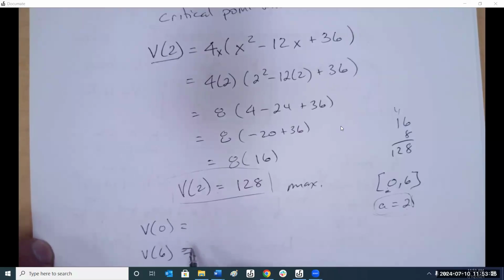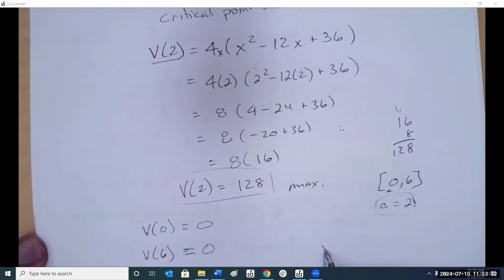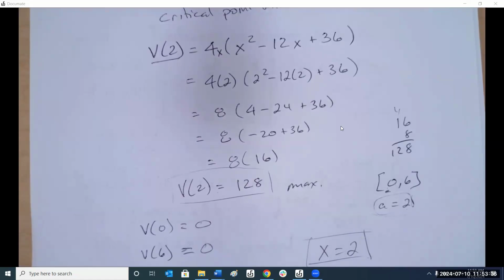But we know that when x is 0, the volume is 0, and x is 6 is also 0. So we know that x equals 2 is the shape of the box that's going to give us the most volume.